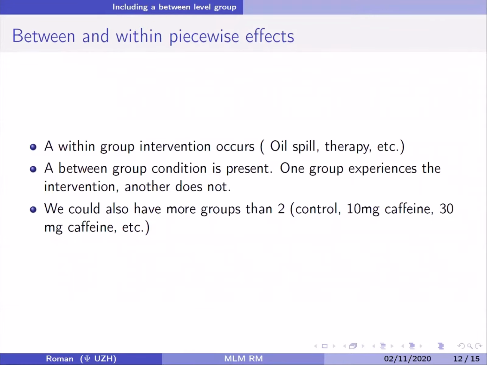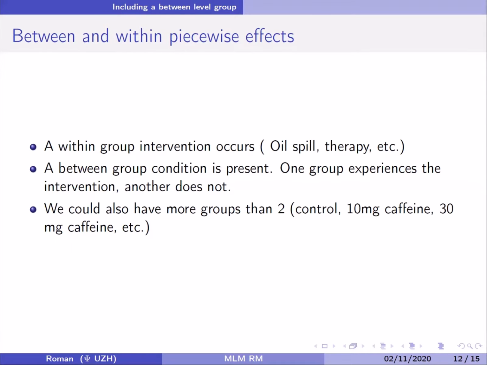Okay, so now in the between and within effect situation, we have exactly what we just covered, where a group is measured at multiple time points, then an intervention occurs, and then they're measured at multiple time points again. In the oil spill example, this could be we're sampling one region for toxins in the ocean, we measure for 6 months.